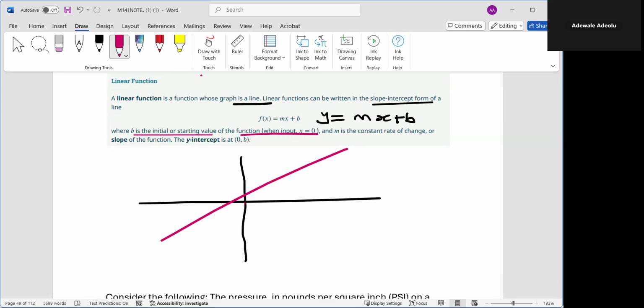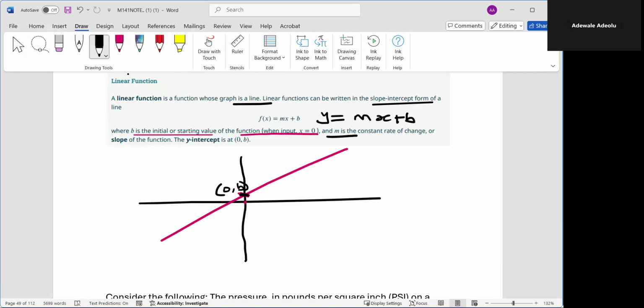So you would see that when x is 0, there is a value for y. That value for y is called b, which is the y-intercept, and it is written in point form as (0, b). That is, x is 0 there, then the y value is b, whatever the value is on the y-intercept.